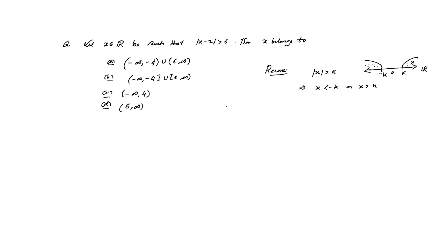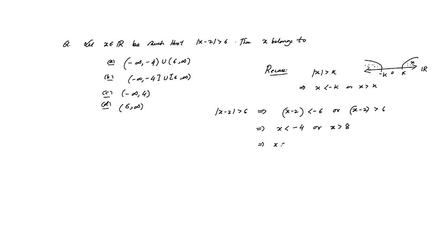In that way, if we think about mod of x minus 2 greater than 6, that implies x minus 2 is less than minus 6, or x minus 2 is greater than 6. That means x less than minus 4 or x greater than 8.